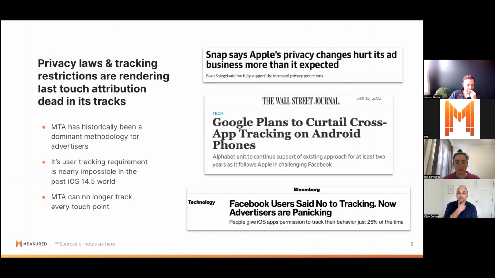Most notably, the privacy law changes over the last several years that we've all known have been coming for a while now have really started to take hold and affect each platform's ability to really see through to the conversion and track users across the web. MTA, multi-touch attribution, last touch attribution, has historically been the dominant methodology for marketers for a very long time.